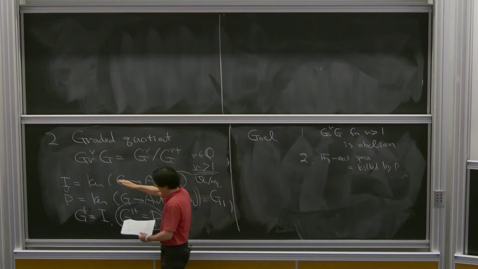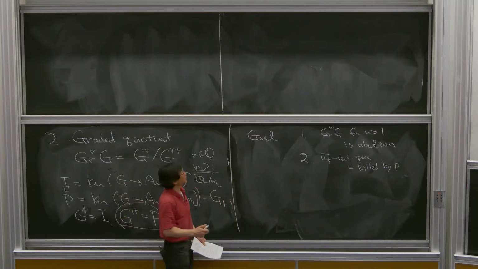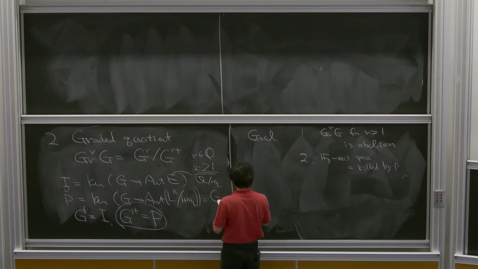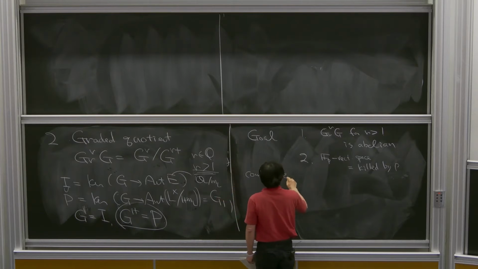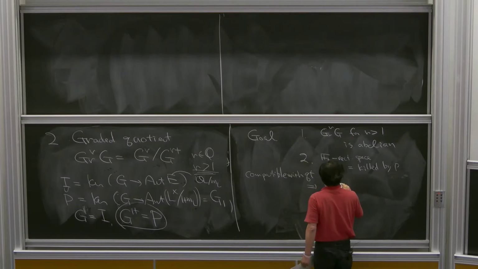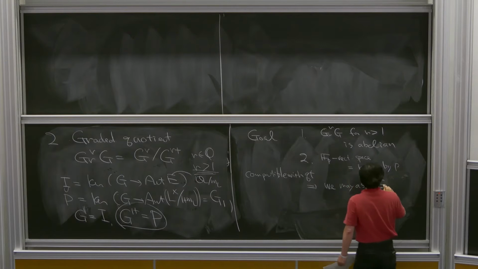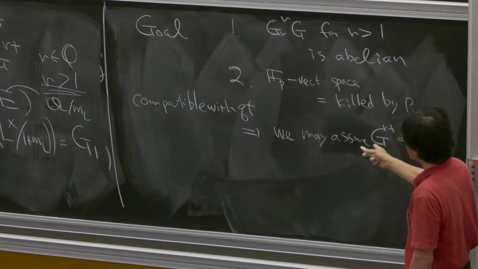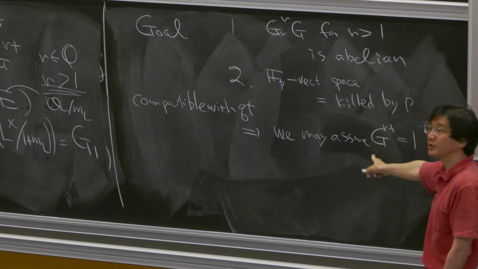So how do we study this? We already know that this construction is compatible with quotient, so we may assume G^{r+} is 1. So we take the quotient by this part.